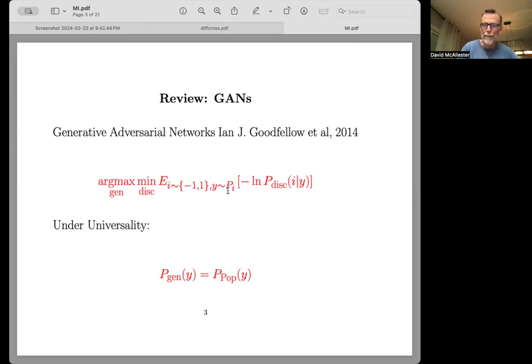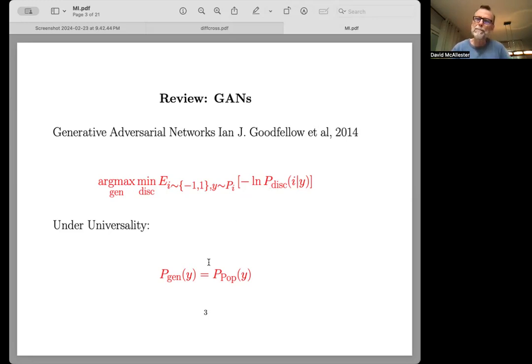You either sample the population if i is -1, say, or you generate an image if i is 1. And then you look at the log loss that the discriminator takes in predicting which source the image came from. So this is a form of cross-entropy loss. It's still in some sense cross-entropy loss, but GAN loss has this special adversarial nature.